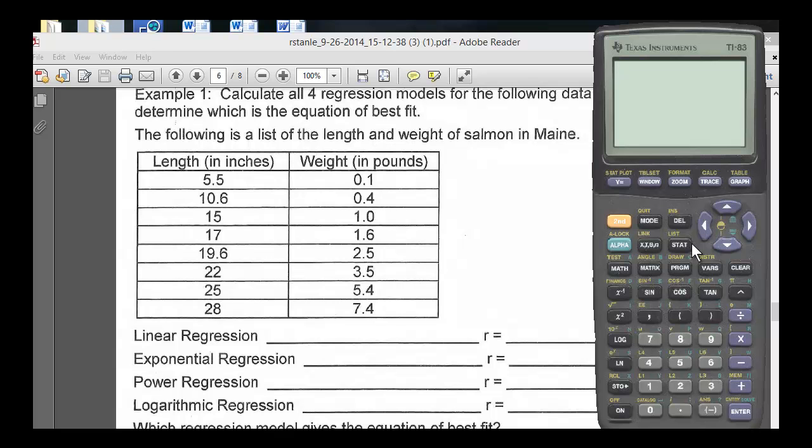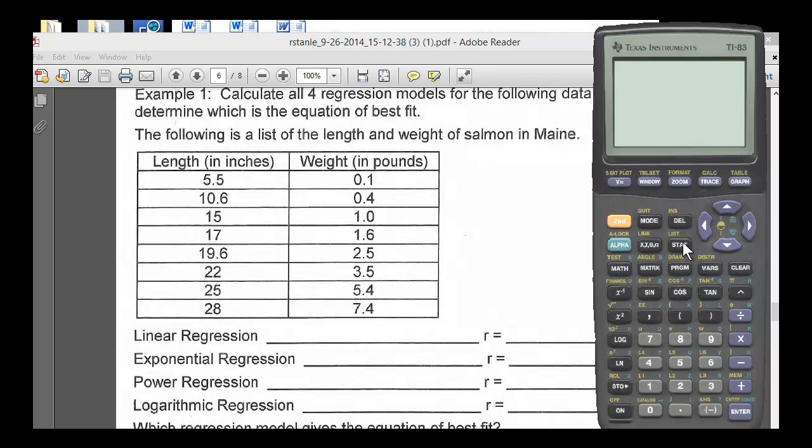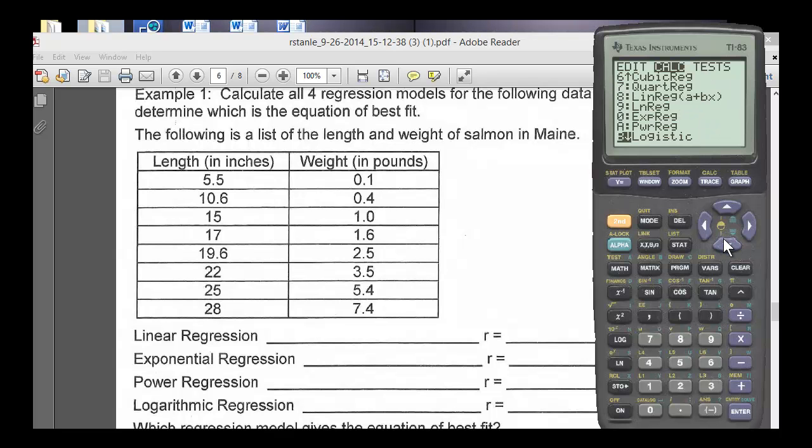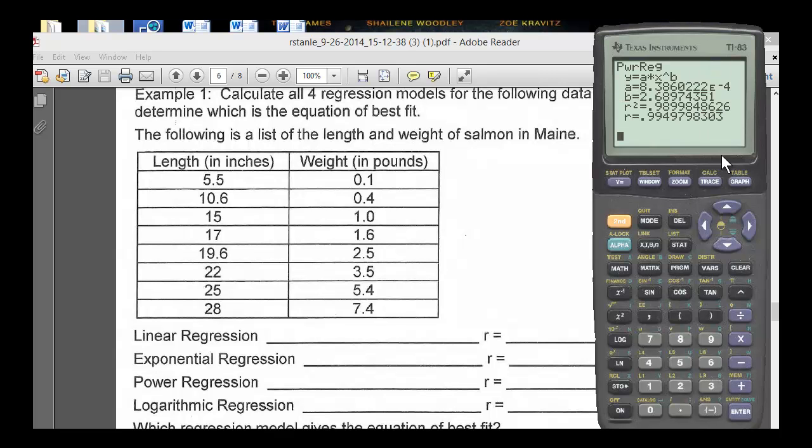Now let's look at the power regression. Stat, Calc, arrow down to power regression, hit enter, and you should have this on your calculator screen.